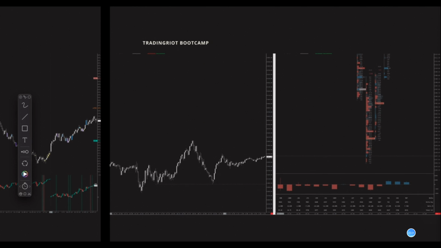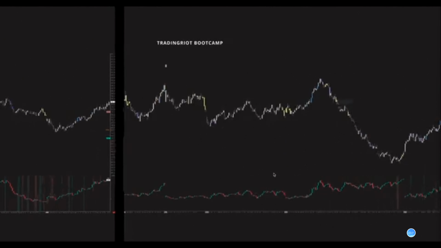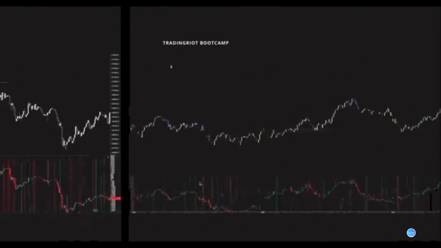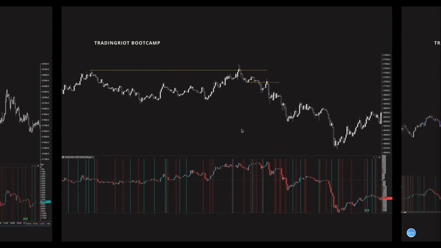Okay, so these were some of the examples. I hope you can see that we are not doing anything extremely difficult. It's really just picking up the solid levels of price action, and then using a footprint chart and cumulative volume delta as your factors of confluence.